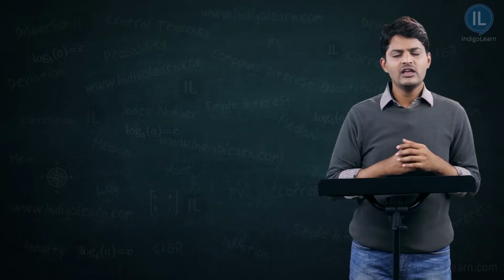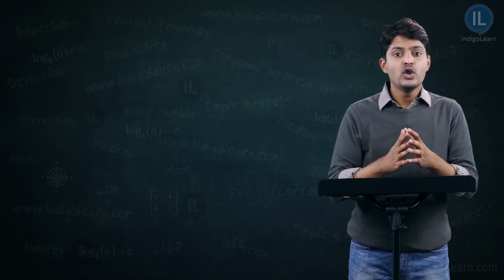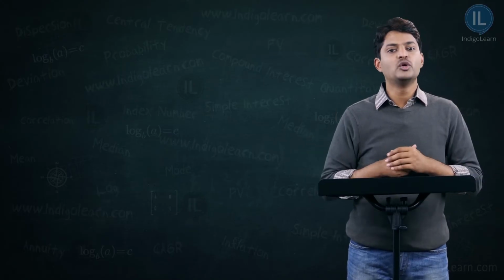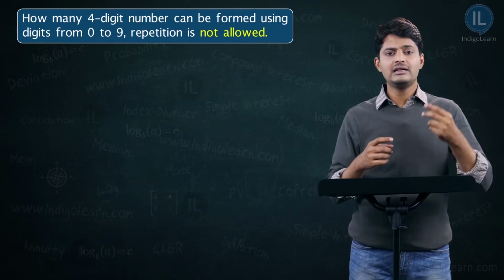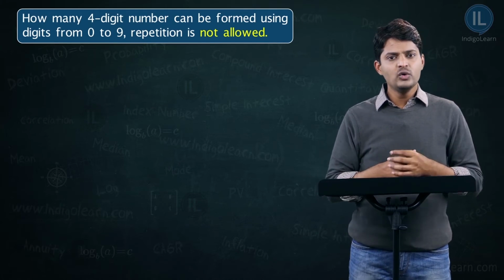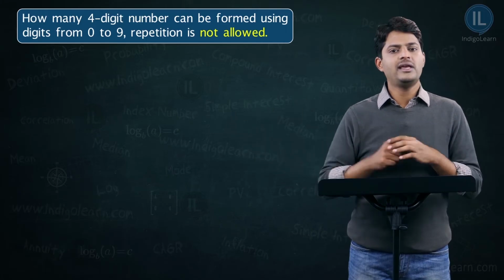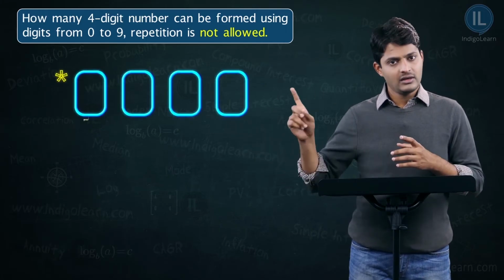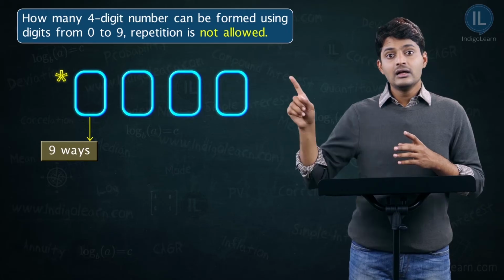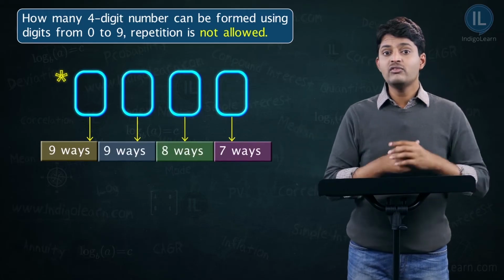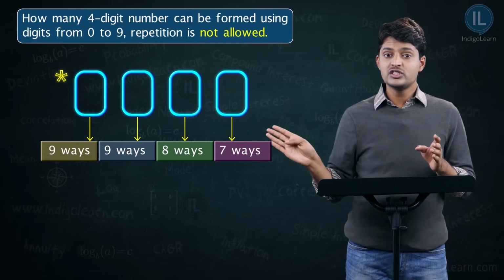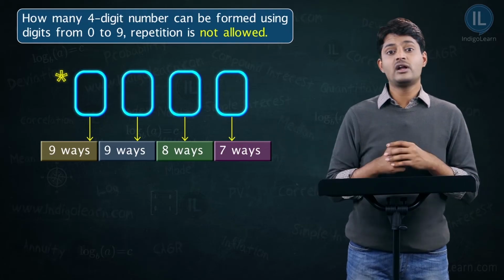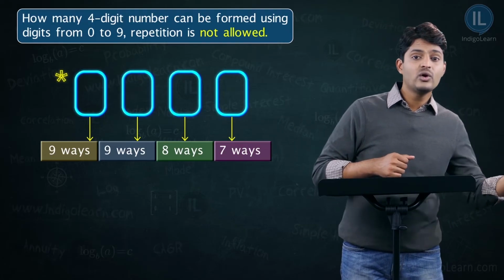The same question, if I ask you with repetition not allowed, what will you do? You will follow the same logic that we followed when we dealt with a 3-digit number. Thousands place can be filled in how many ways? 9 ways. Hundreds place can be filled in how many ways? 9 ways, because the number that you have used in the thousands position cannot be used for the hundreds position, and you also have 0 getting added.